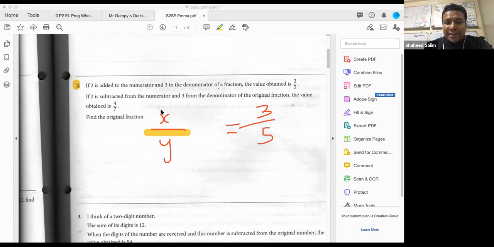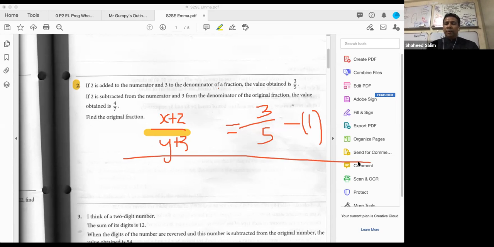Now, but this x over y is not equal to 3 over 5. They say when 2 is added to the numerator, so you must write like that, and 3 to the denominator, then you must add like that. You get it? So this is equation 1. Can you write down what is equation 2?